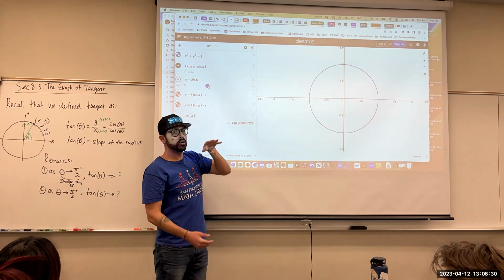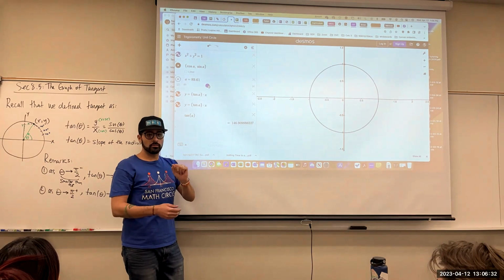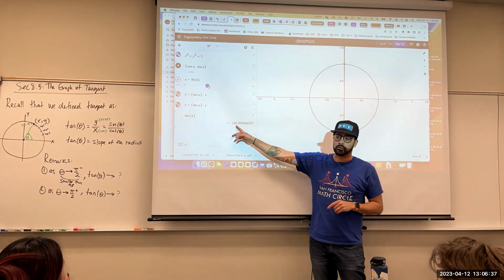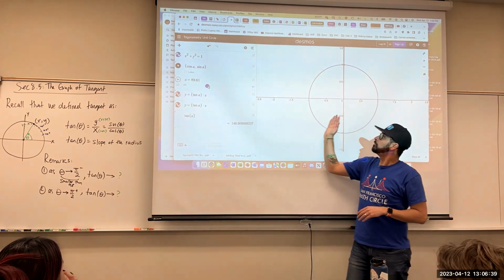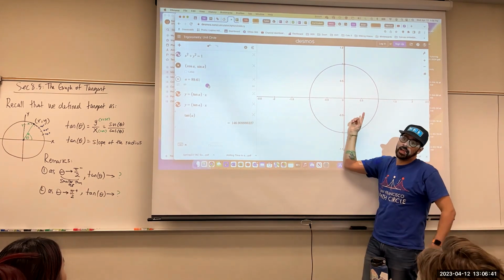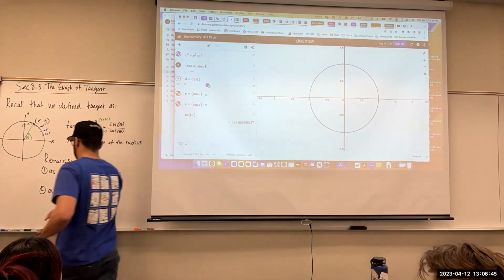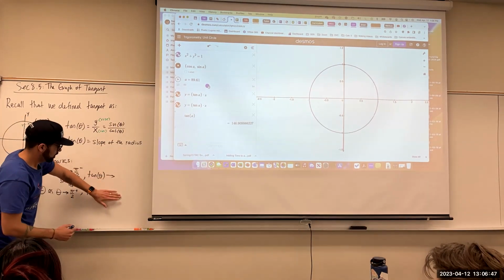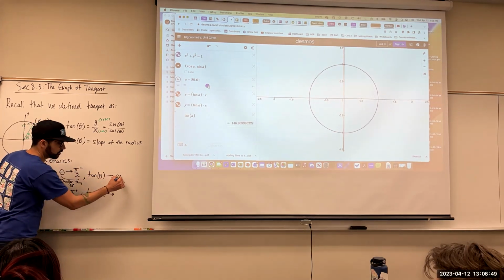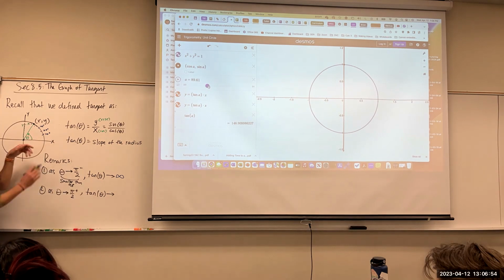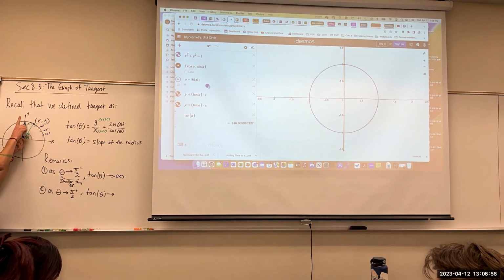But 1 over a really, really small number is actually giving you a really, really big value. Visually you can see that the tangent line is getting hella steep. So in this case, the tangent value is going to be approaching positive infinity, because the slope of the radius is getting really, really positively steep.